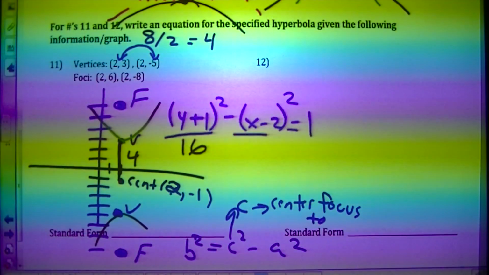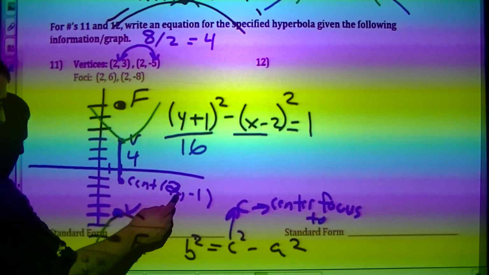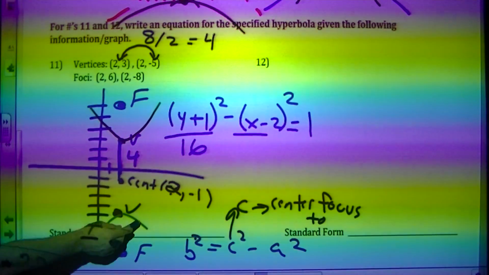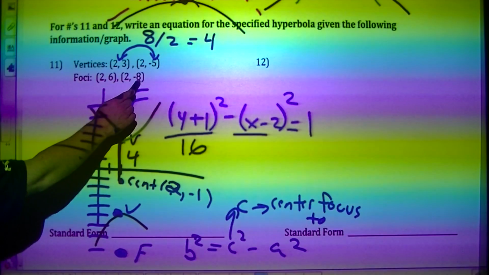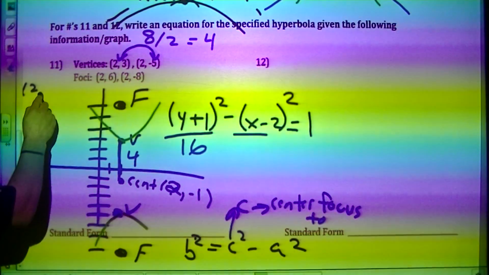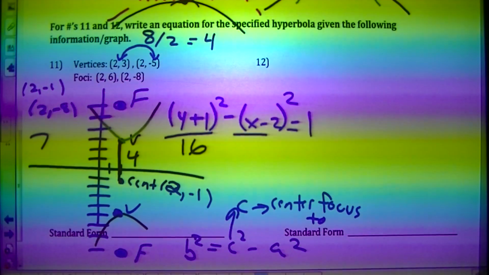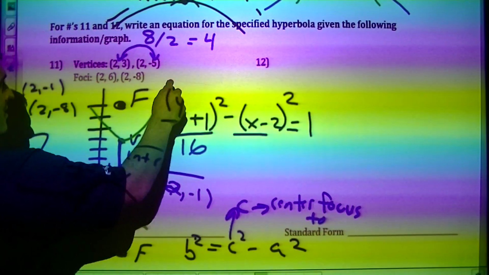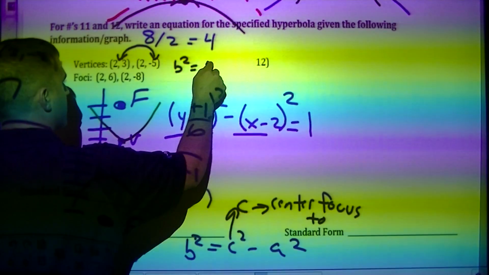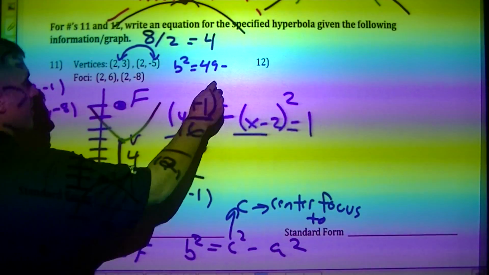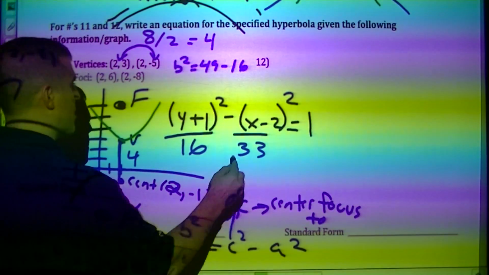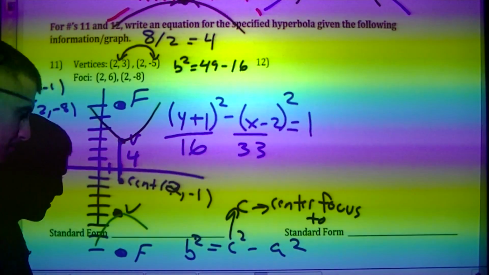My center's at 2, -1 and my focus is at 2, -8. That's going to be 7 spaces, so c squared is 49. So b squared equals 49 minus my a squared. That gives me 33, and there's my answer.